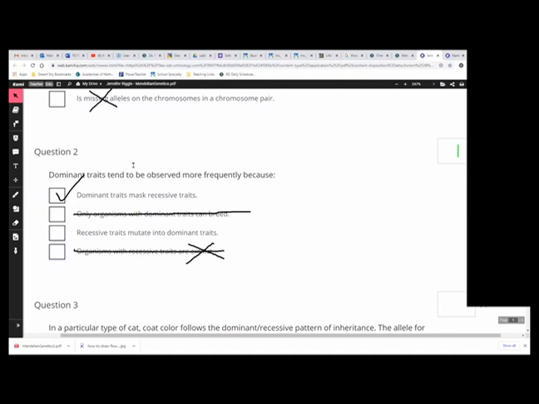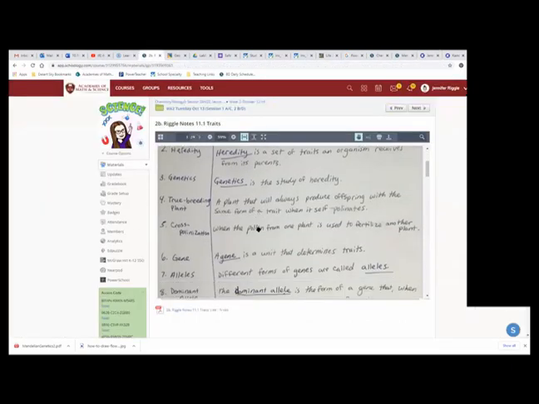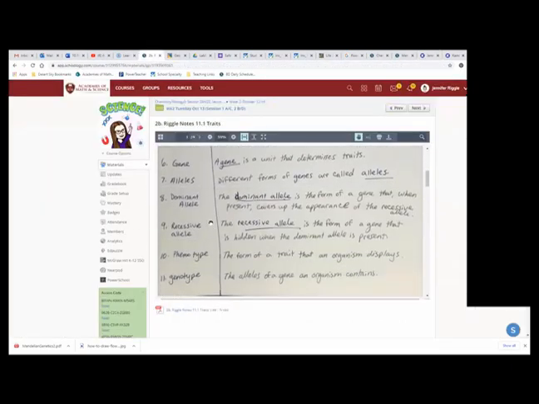I'm sorry, it's still loading. Okay, that's fine. I have to scroll down.